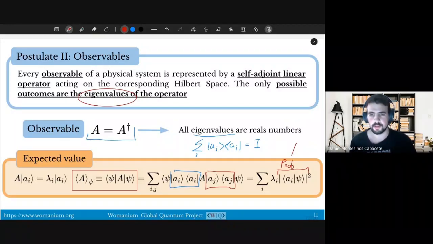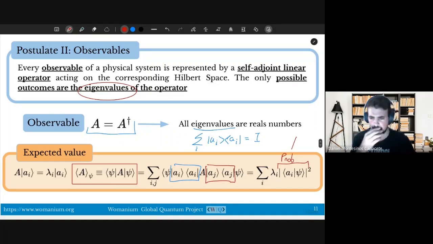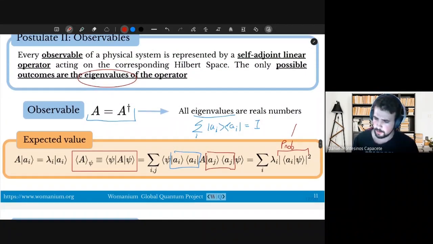That was the possible outcome because those were the eigenvalues of our linear operator that was representing the spin observable. So basically, if you have a linear operator that is representing your observable, it is going to be self-adjoint, and the possible outcomes of your measurement are going to be the eigenvalues and eigenvectors. The eigenvector is going to represent the physical state of your system. Those are the possible outcomes of the measurement, right?